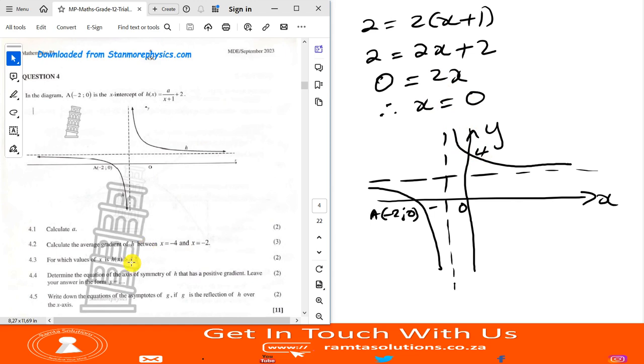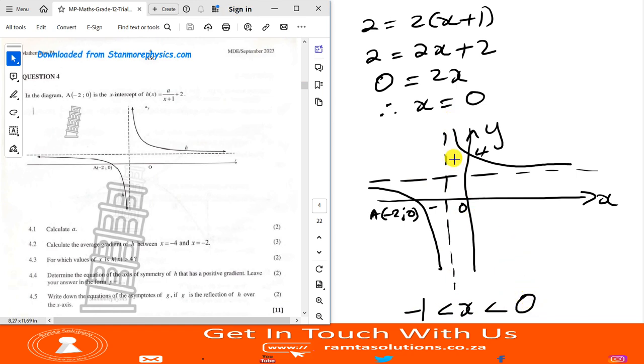It is not true that h of x is greater than 4 only at this point. It is true for all values to the right. But remember, it doesn't touch this part here. So you can say this is when x is greater than, what is this point? Minus 1. But less than 0.